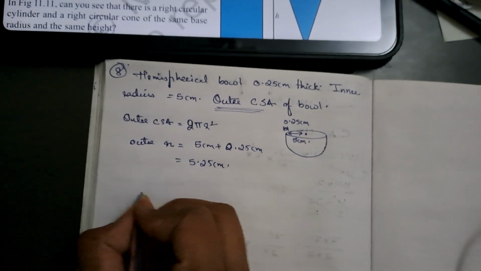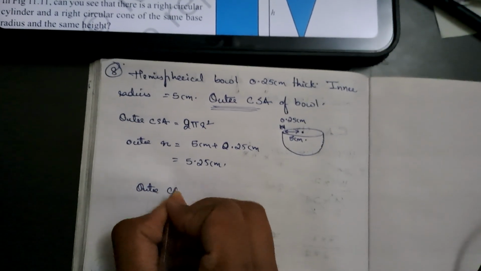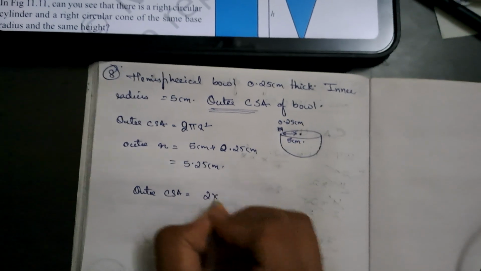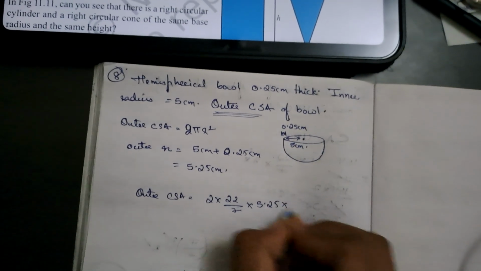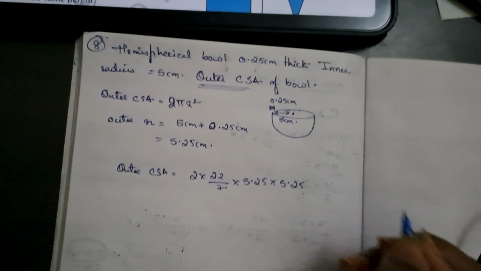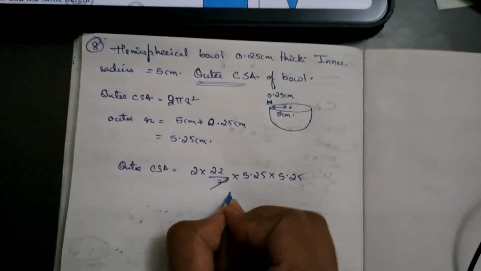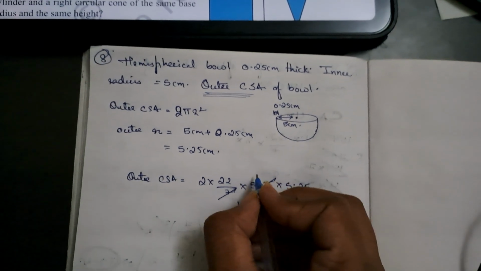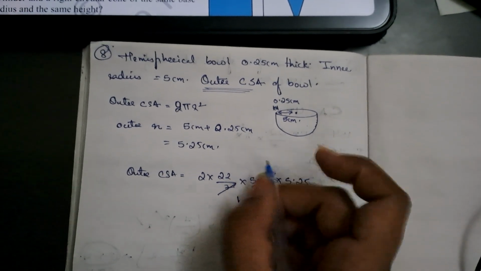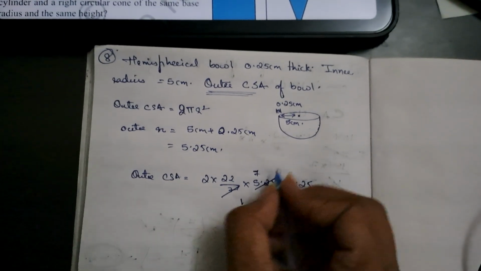Now substituting, outer CSA is equal to 2 times 22 by 7 times 5.25 times 5.25. Start calculating it. 7 1s are 7, 7 7s are 49, and then 35.